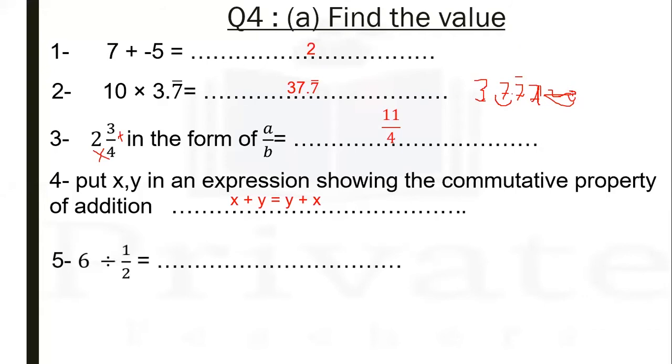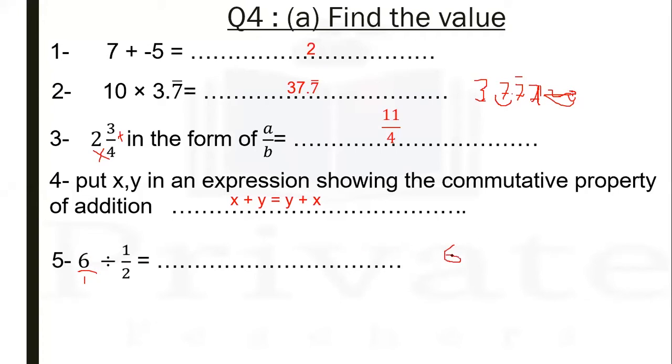Now 6 divided by half, and we know that if we have fractions or numbers here, 6 is 6 over 1, we can consider it as a fraction. It is divided by half, so we are going to make it this way: the first number as it is, so 6, I'm going to write 6 as it is.